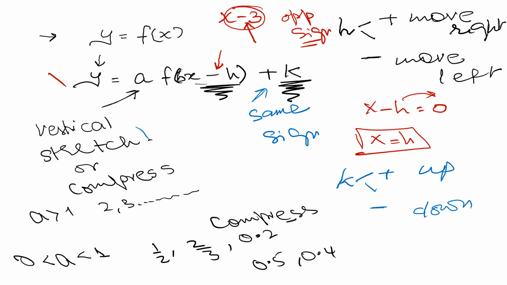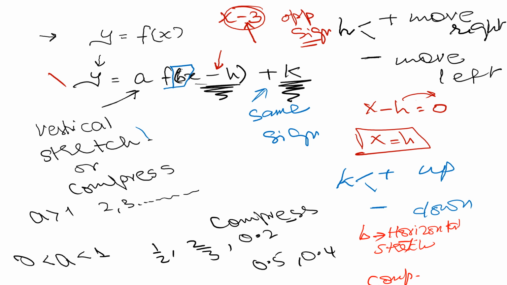Now the last thing: what does this b represent? b is the horizontal stretch or compress. It is the opposite of the a.